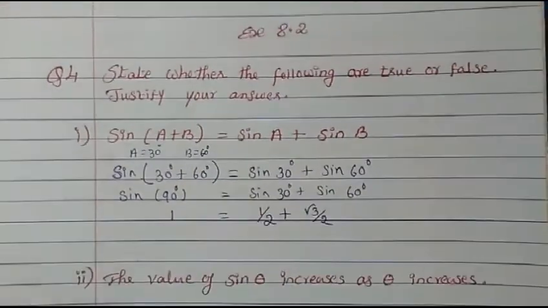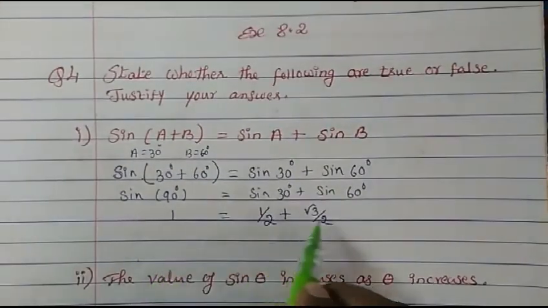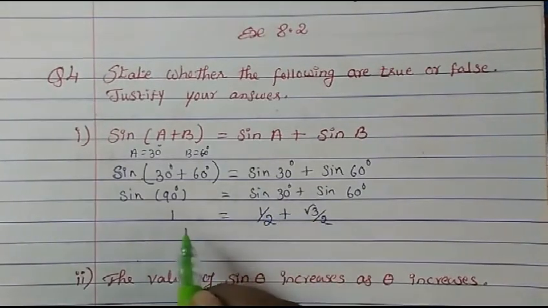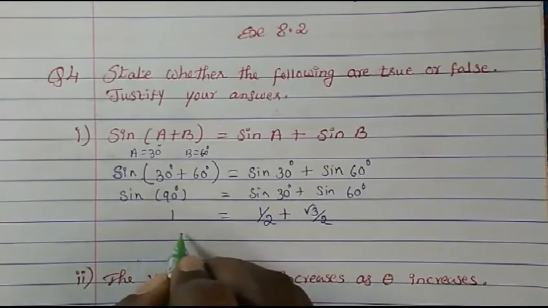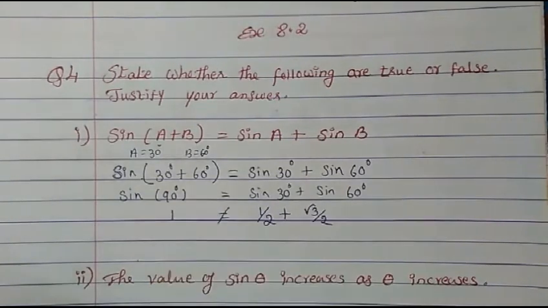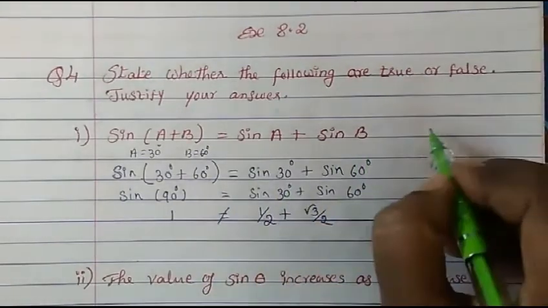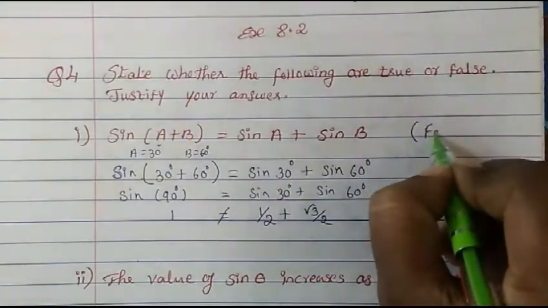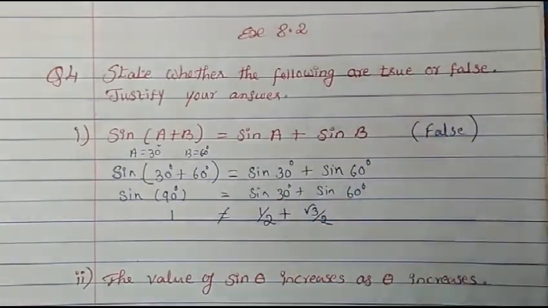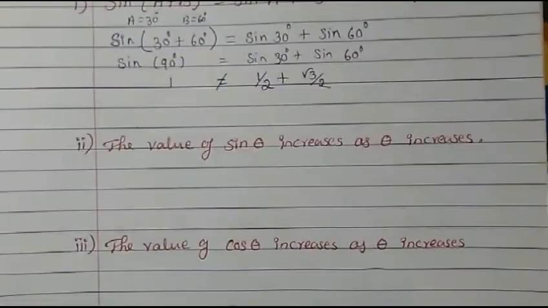Now you see, this is 1 here and this is 1 upon 2 plus root 3 upon 2. So however you solve this, it will not become equal to 1. Therefore, this is not equal. So this statement is true or false? The answer is false. Okay. Now let's see the second one.